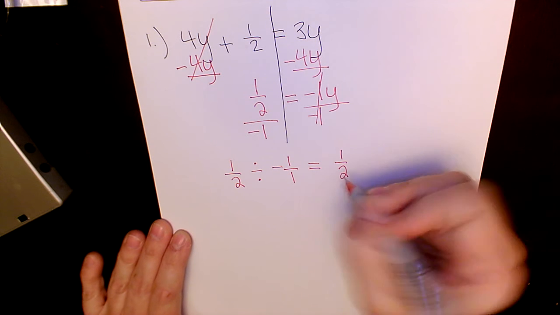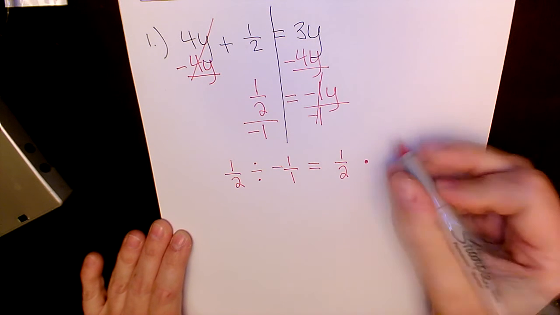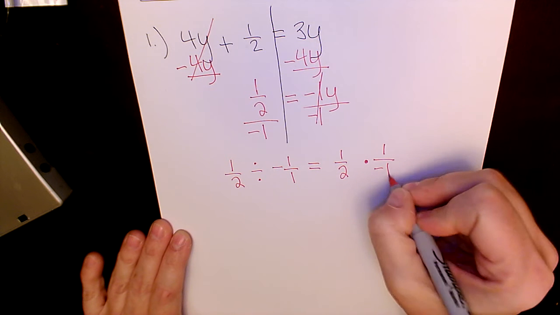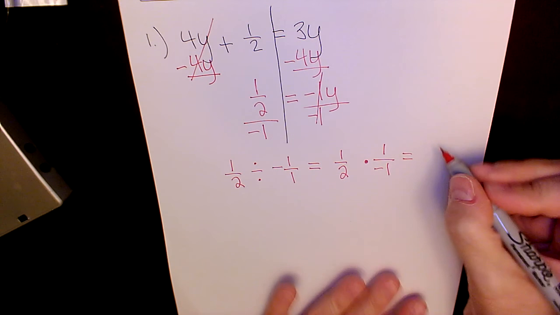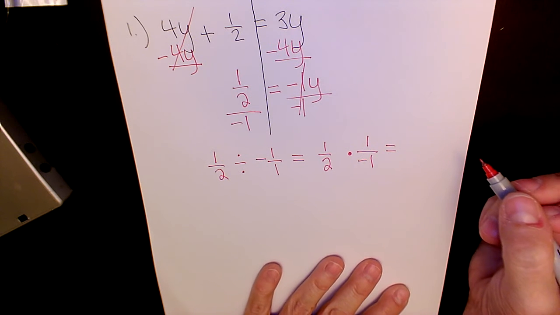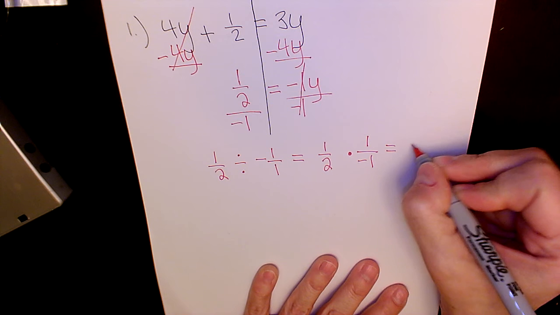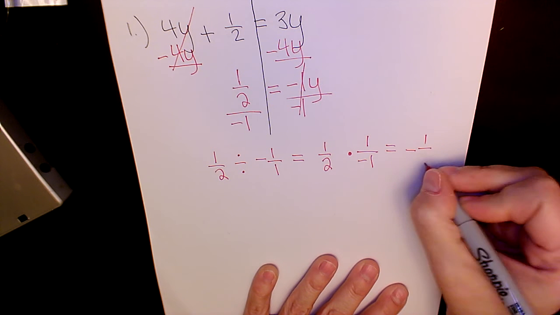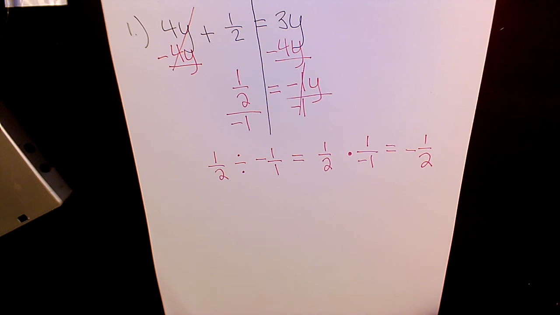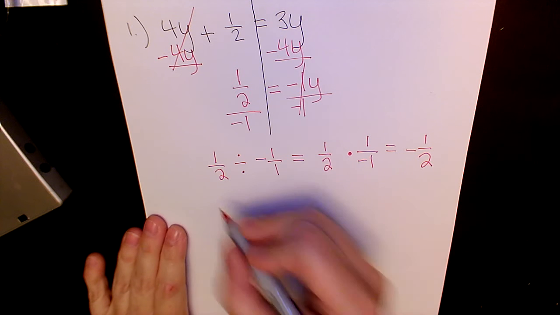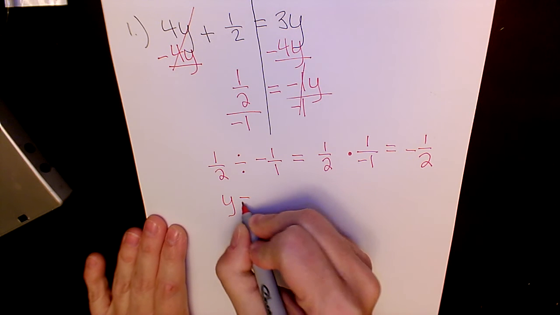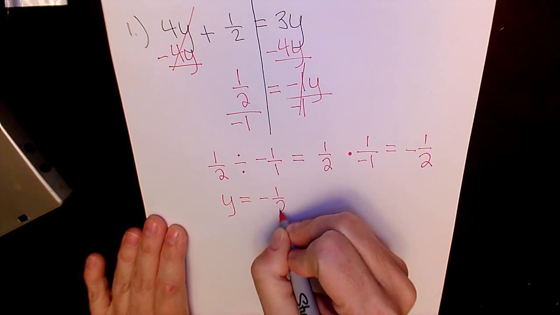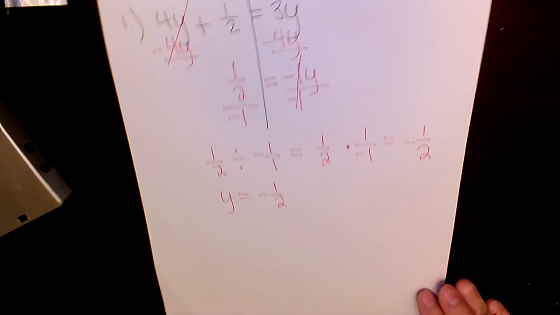So 1/2 times, I'm going to flip that, and I'm going to multiply straight across, and I'm going to get negative 1/2. So y equals negative 1/2.